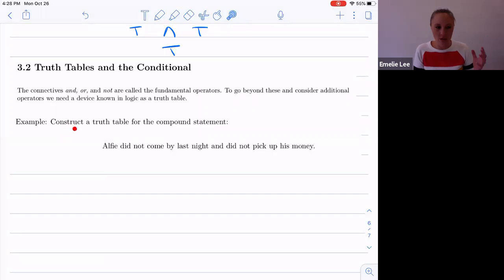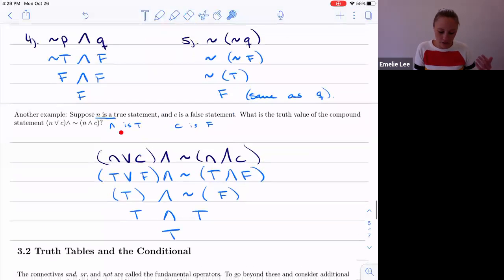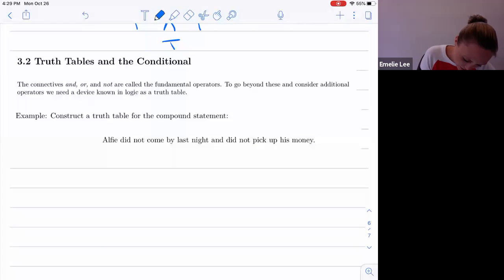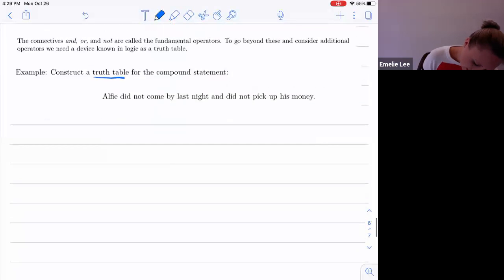So constructing a truth table, we haven't talked about what this means, but it just means that we outline all the possible outcomes logically, as opposed to up here where we're given the logical values and then we find out what the truth value of the statement is.